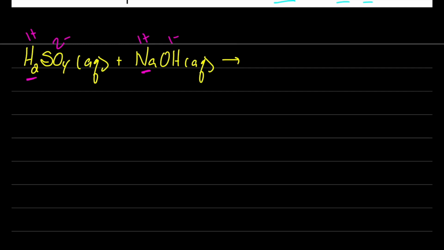So sodium, 1 plus, is now going to hook up with, and then again, SO4, 2 minus, and hydrogen is going to hook up with OH, 1 minus. Okay, so far so good, I hope.